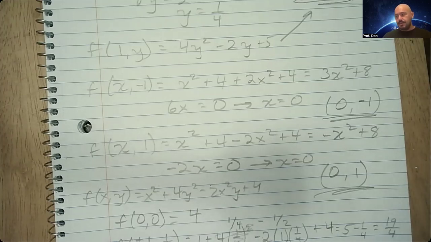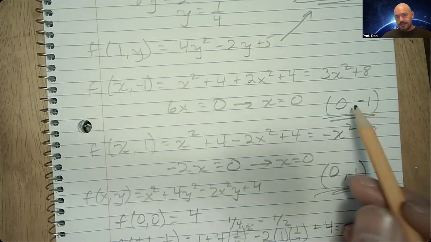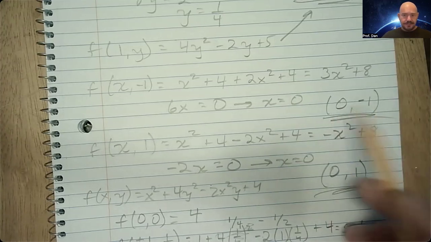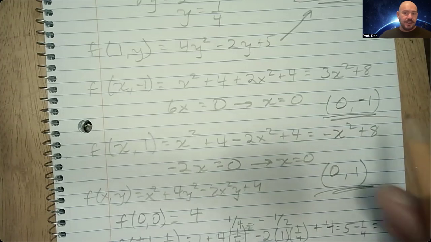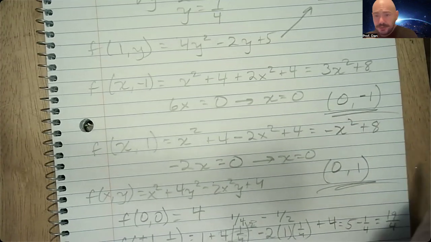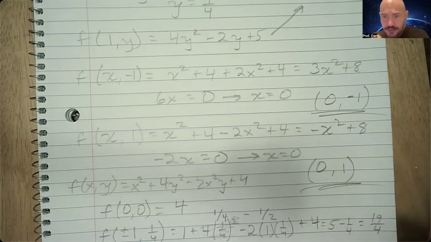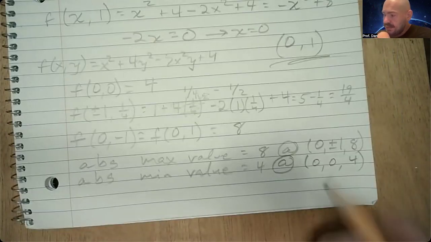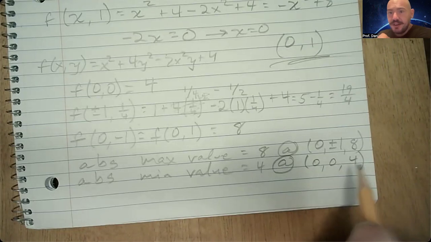Because x is an input. Here, x and y are both inputs. So having just this is not the actual coordinate on the graph. This just tells you where you are on the floor. You still have to figure out the z coordinate. But these are the actual points on the graph of the three-dimensional surface.